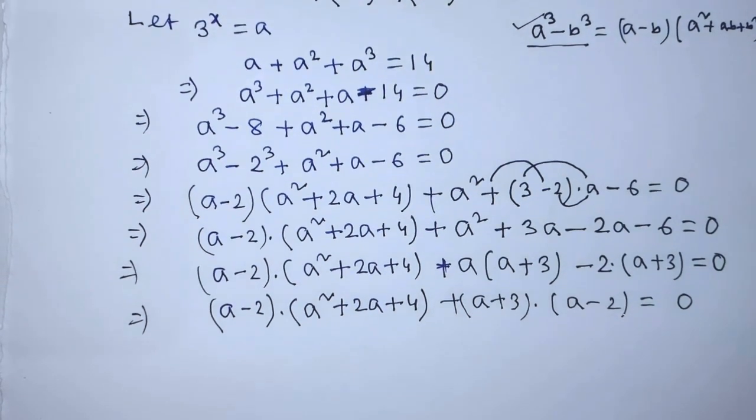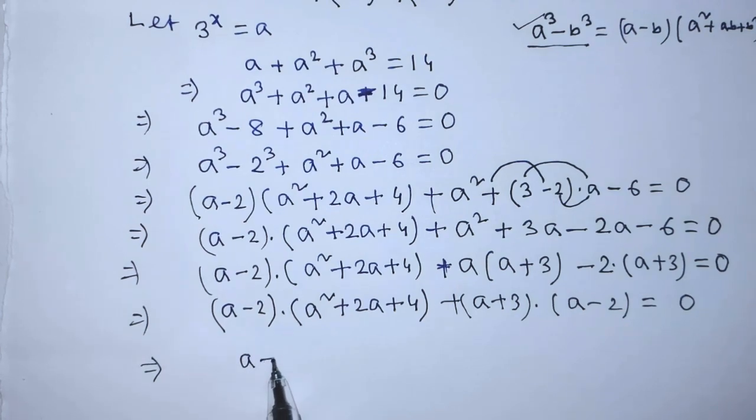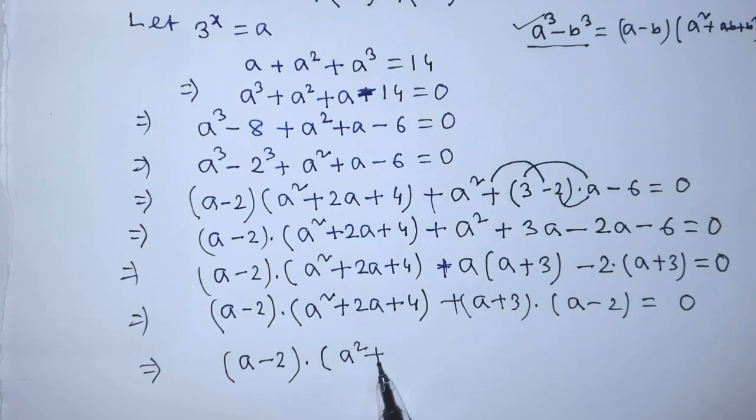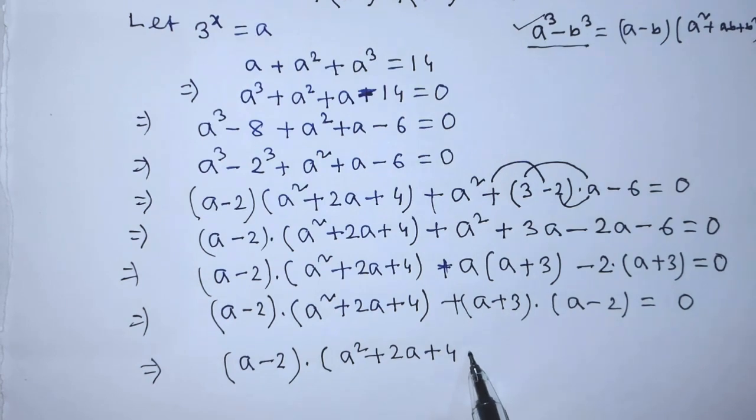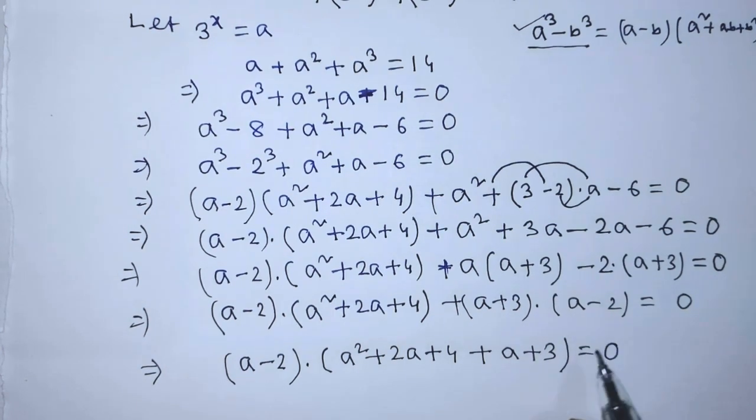So student, on the left hand side of this equation in both terms here a minus 2 is present, so now you can take common a minus 2 from both terms, so we can write in here a minus 2 times a square plus 2 times a plus 4 plus a plus 3 is equal to 0.